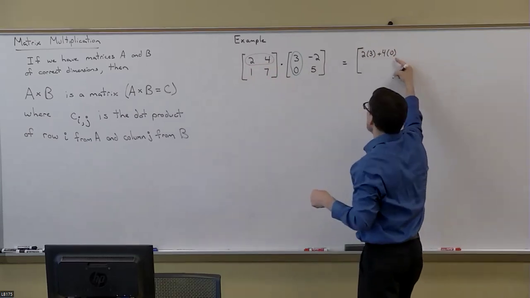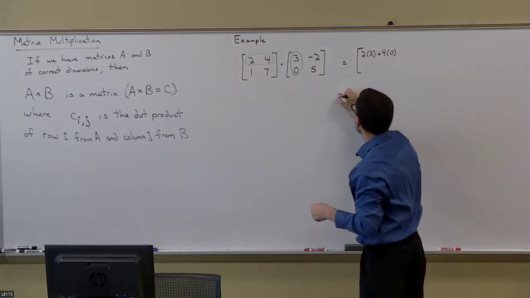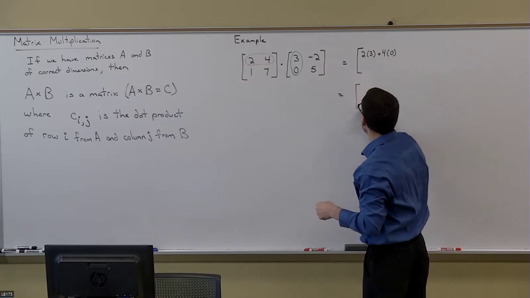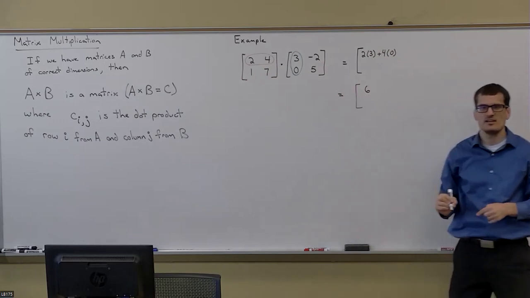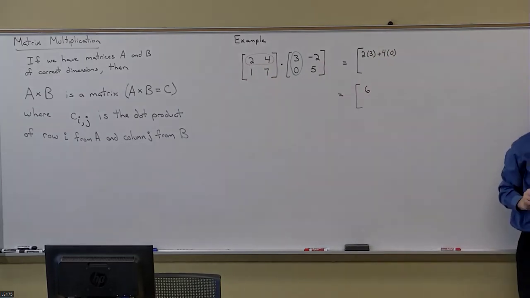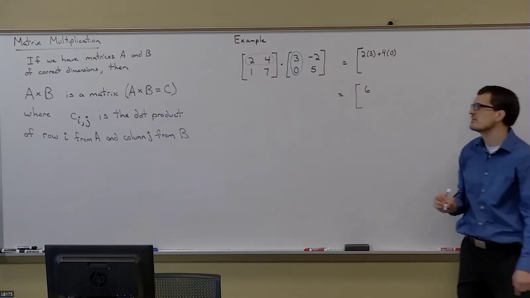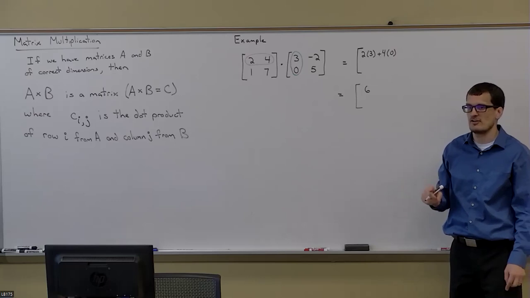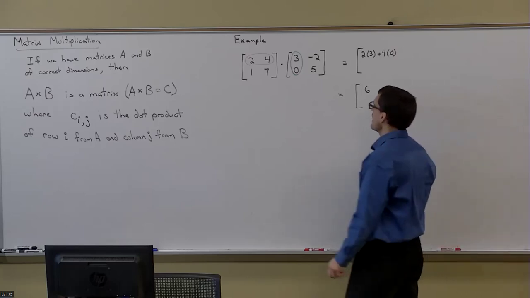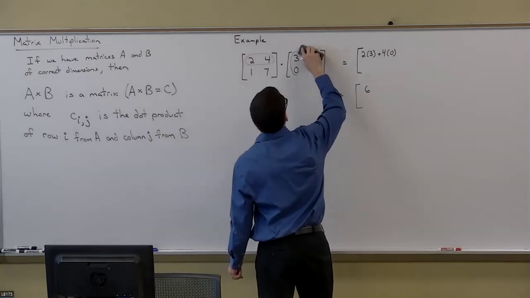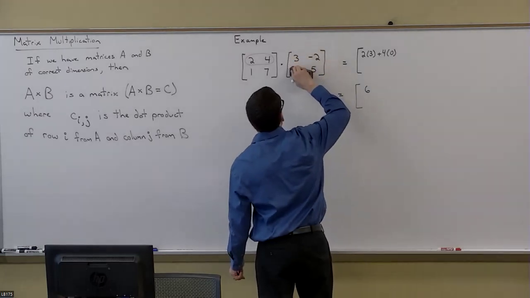And whatever that number is, that number, 6, is the entry in the 1, 1 spot. That makes sense. Now, usually at this point I'm already focused on row 1.